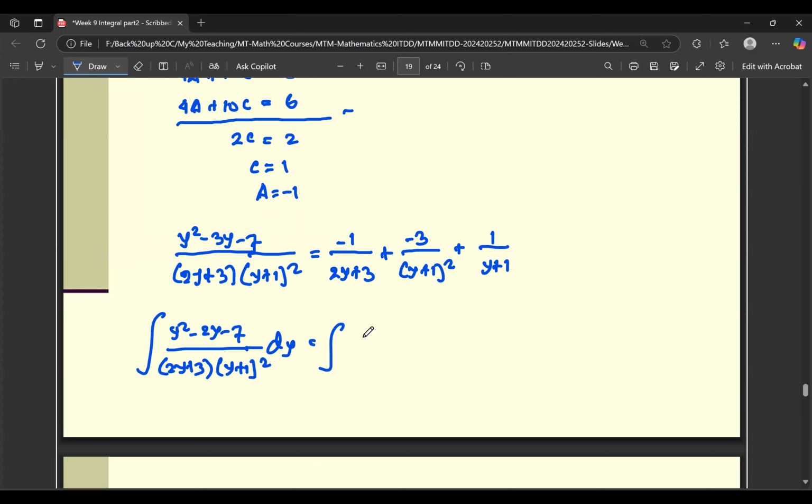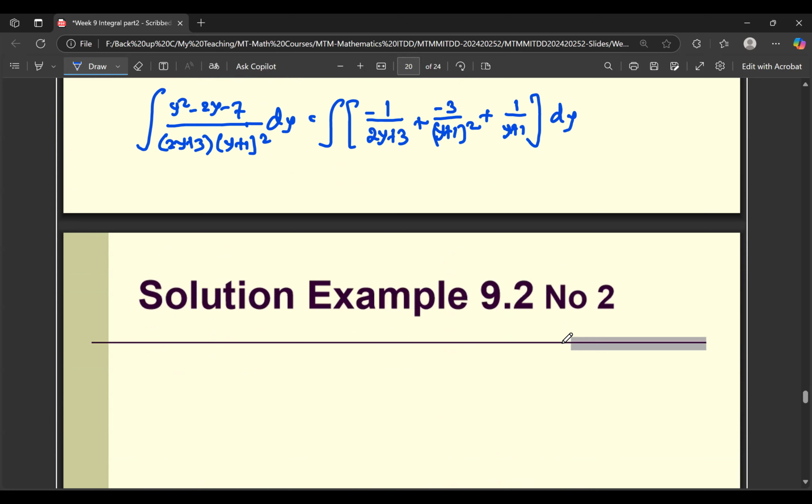So we have the integral of three components: minus 1 divided by 2y plus 3, plus minus 3 divided by (y plus 1) squared, and plus 1 over y plus 1, dy. So there are three integrals. And this is minus dy over 2y plus 3.